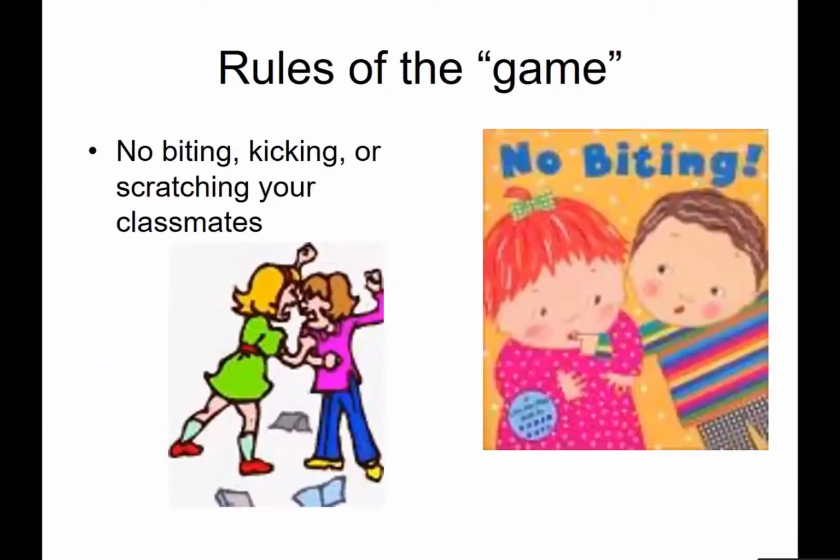And what we would typically talk about before going outside is some of the rules of this game. Again, this didn't apply because I was playing by myself when I did this, but generally we don't want to hurt each other. So no biting, no kicking, no scratching of your classmates. That aside, competition is generally part of the game and par for the course.